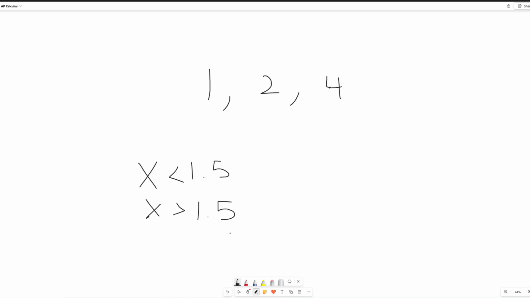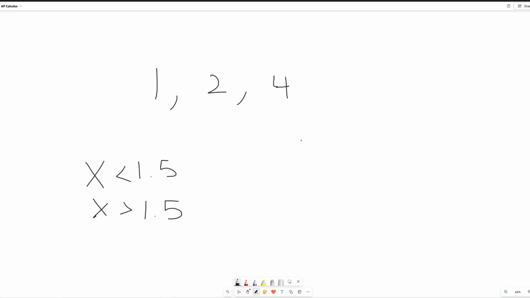Okay, so if we look at just the graph, x squared plus 1 again, just to demonstrate, this is concave up, and we have a critical point here.